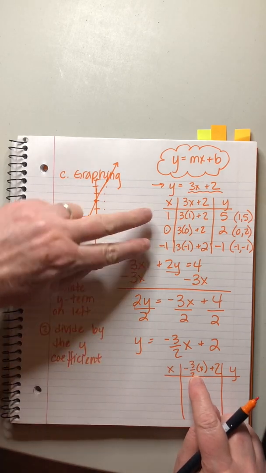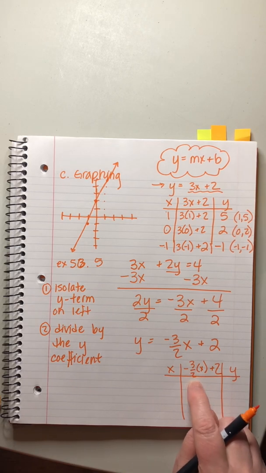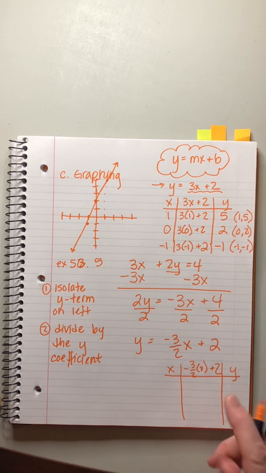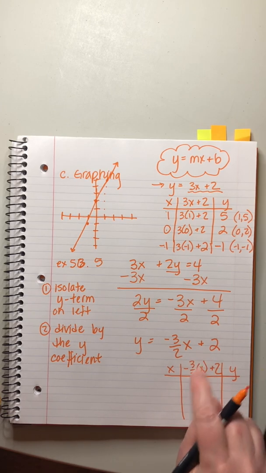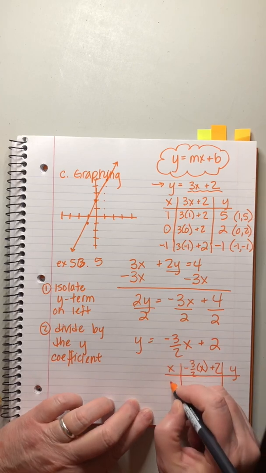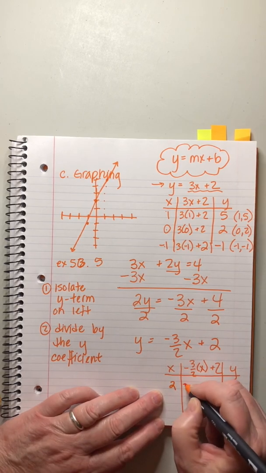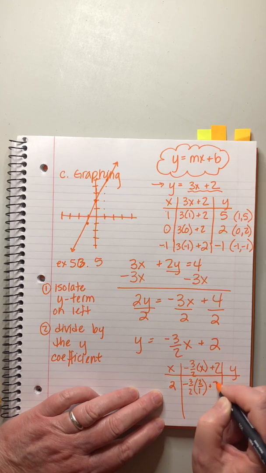Now, here's where this isn't necessarily the best choice. We have a denominator of 2. So when we do the multiplication, I want to choose numbers that are going to cancel against that 2 and make it go away. So the best thing is just choose the denominator itself. So now we're going to multiply minus 3 over 2 times 2, and I can make it 2 over 1 if that helps my life at all.